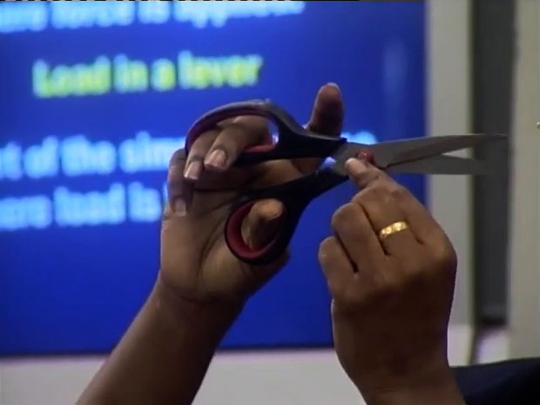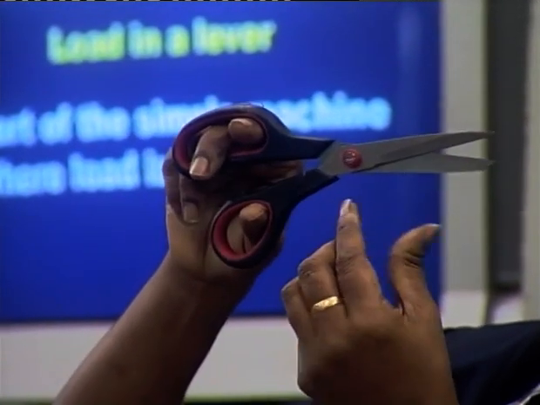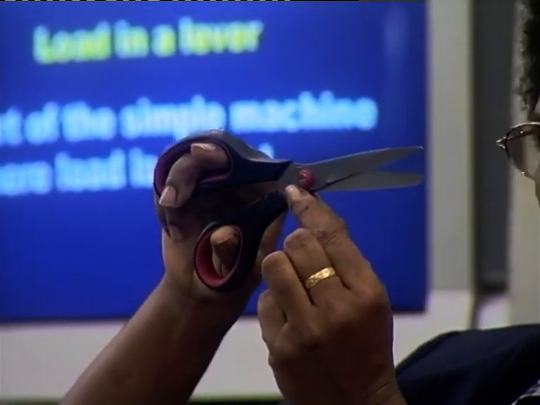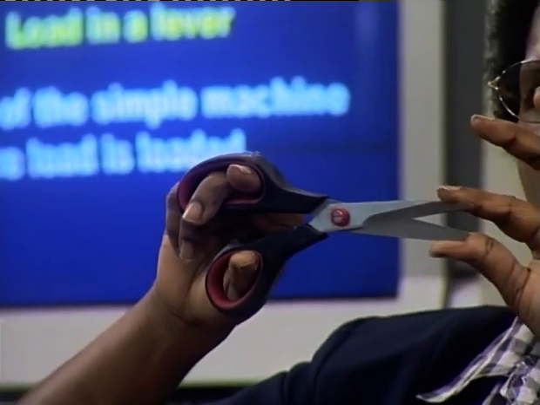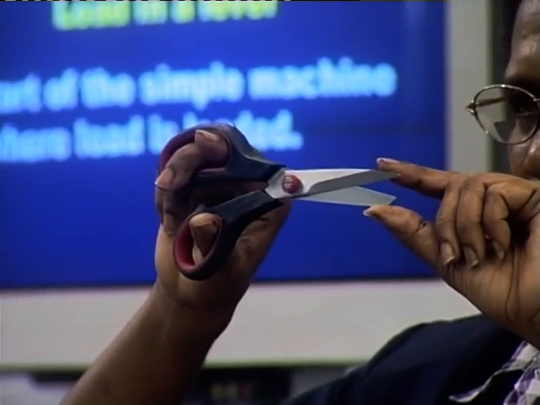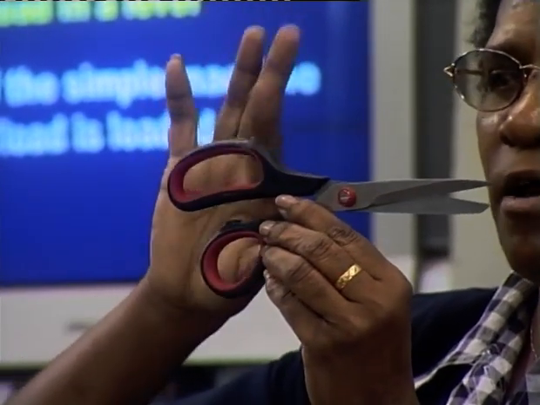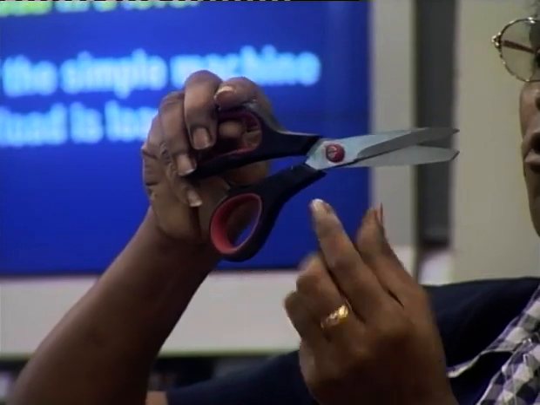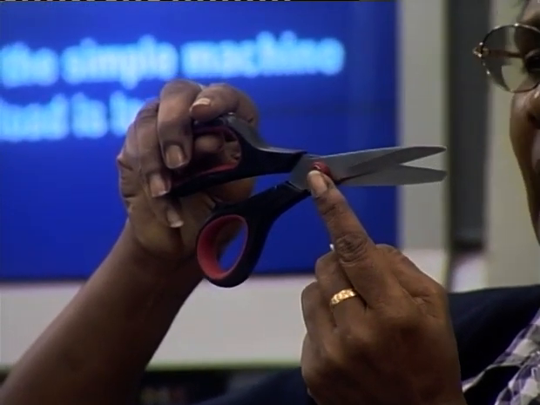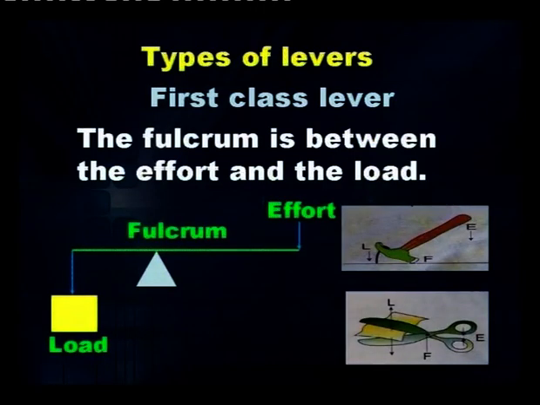So here we have the effort, the fulcrum, which is in the middle, and the load. This part holds the load. Okay, I'll go through once again. We have the effort, the fulcrum, and the load. It would look like this if I am using real objects.